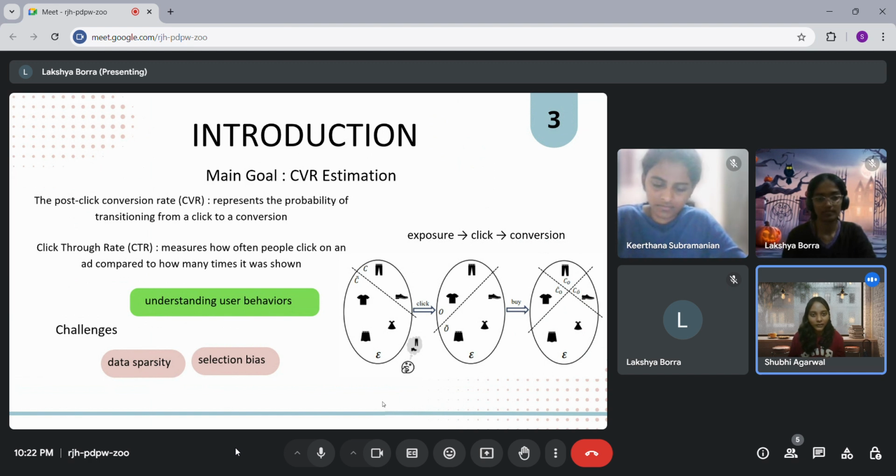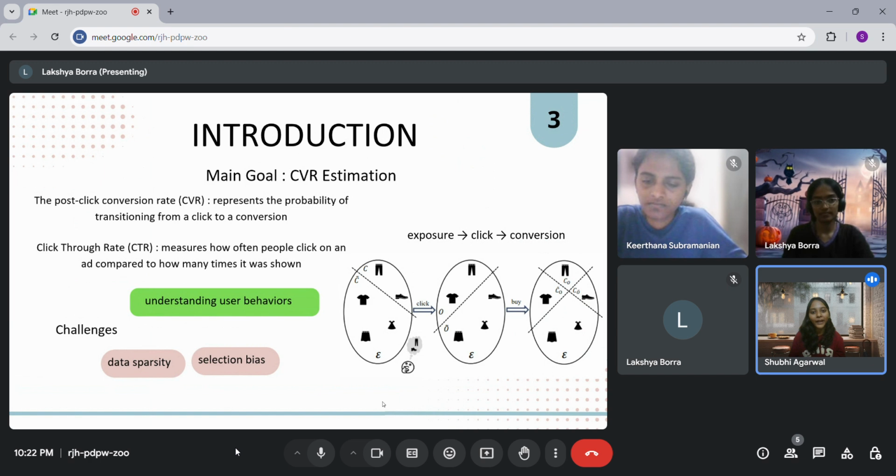For example, if a user wants to buy pants and shoes and goes to a shopping website, the user can see multiple ads regarding all kinds of clothing like tops, t-shirts, skirts, dresses, shoes and pants. The space consisting of all these items is called the exposure space.